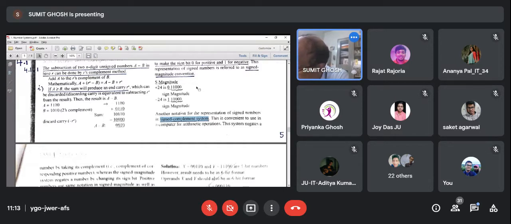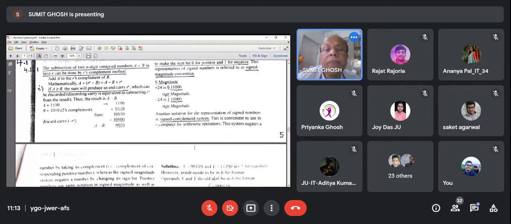One is a signed magnitude convention, another is signed complement. You can say convention also. So sign is common in both. So you have to give a plus sign or a minus sign, either magnitude way or complement wise.